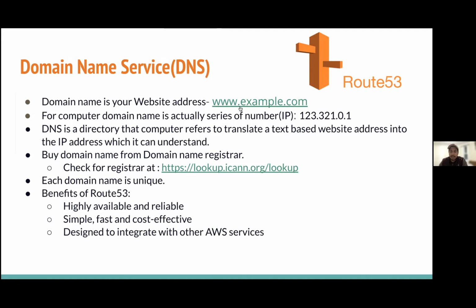When you register your domain with a domain name service, you get a link that you have selected and an IP address attached to it. So think of domain name service as a directory that the computer refers to, to translate a text-based website address, example.com, into an IP address which it can understand. If we talk about those data flows, eventually computers are communicating between different systems, right?